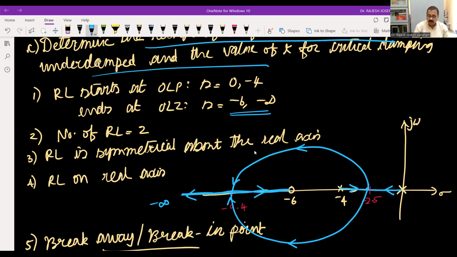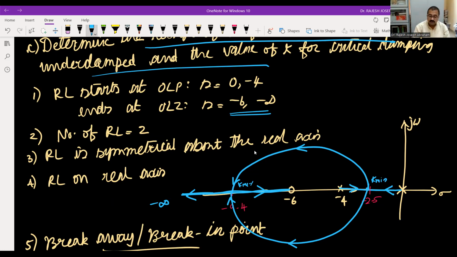So there's a particular value of k at which the system is critically damped. And again at this point, the system becomes critically damped because critically damped means what? Those two poles are real and equal. Okay, and afterwards they are not real and equal. So let me mark this as k min and k max. Okay, so between k min and k max, the closed loop system will be underdamped.